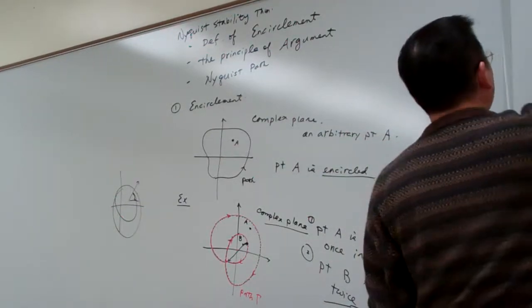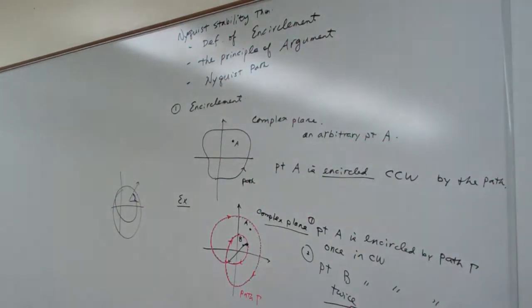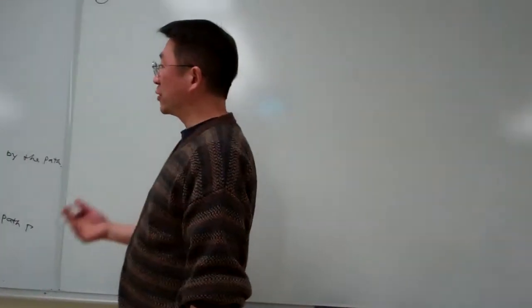So that is the first one. Then the second one I want to define is the principle of the argument. The principle of the argument is basically the general foundation of the Nyquist stability theory.